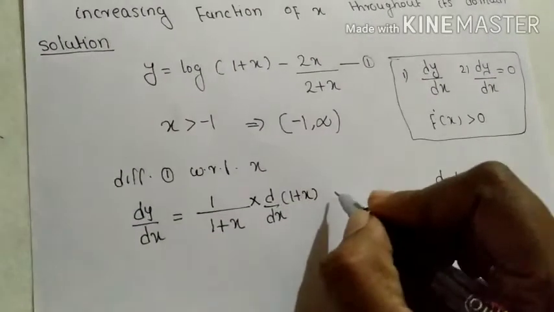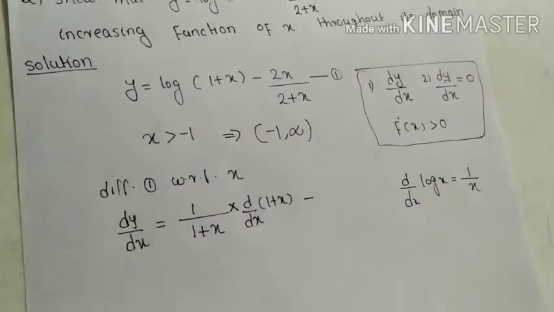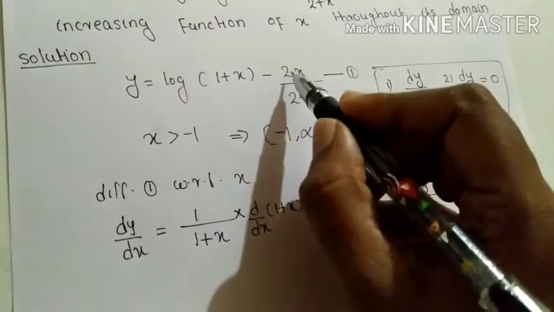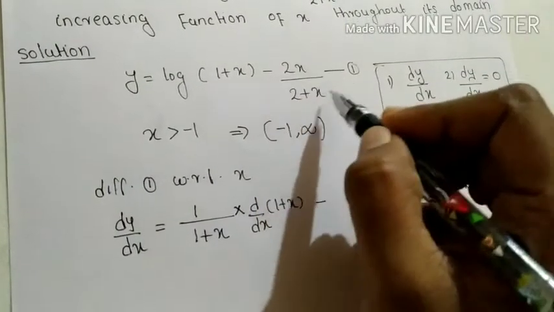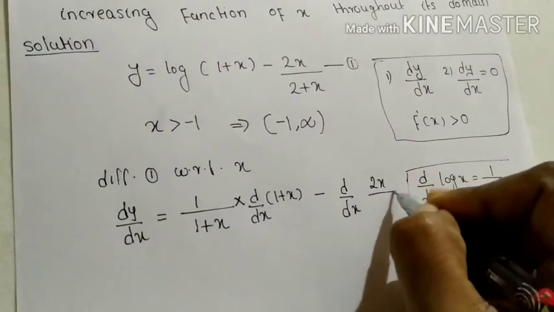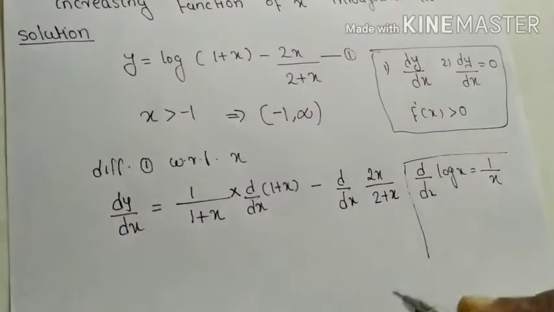Minus, next we need to find the derivative of 2x divided by 2 plus x.